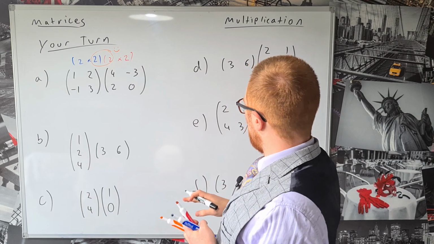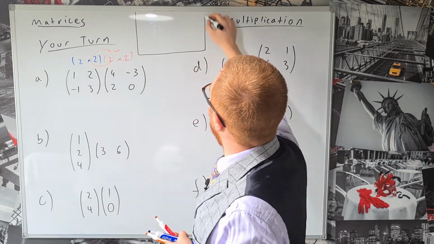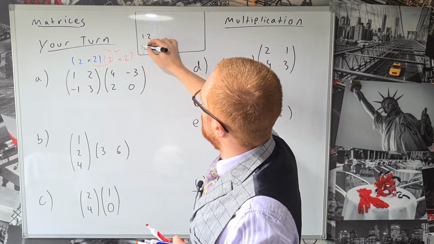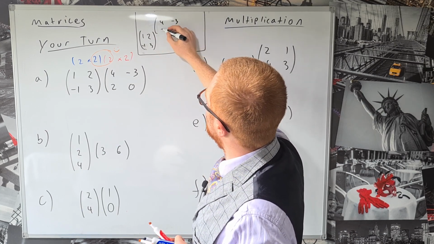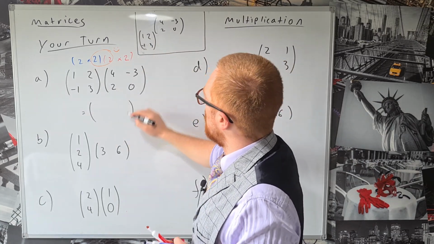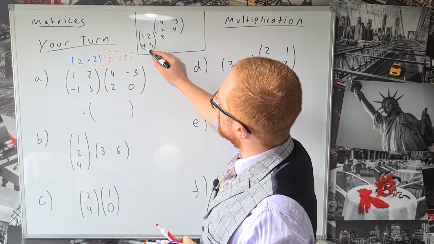So I will have some working out space up here. 1, 2, minus 1, 3 times 4, minus 3, 2, 0. So 1 times 4 is 4, 2 times 2 is 4, 4 plus 4 is 8.